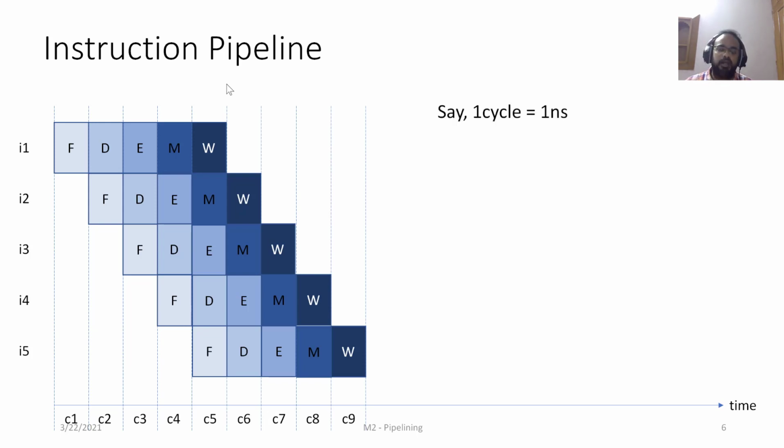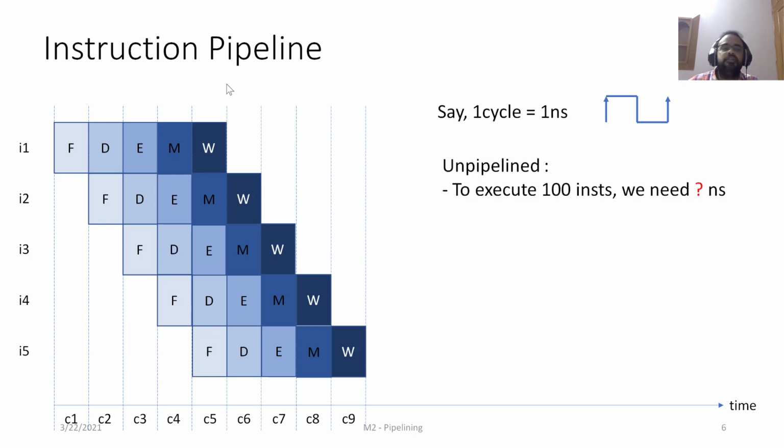Now, if we look at this execution, let's assume that one cycle takes 1 nanosecond. A quick recap: a cycle is the time between two positive edges of the clock or two negative edges of the clock. Here it's 1 nanosecond.